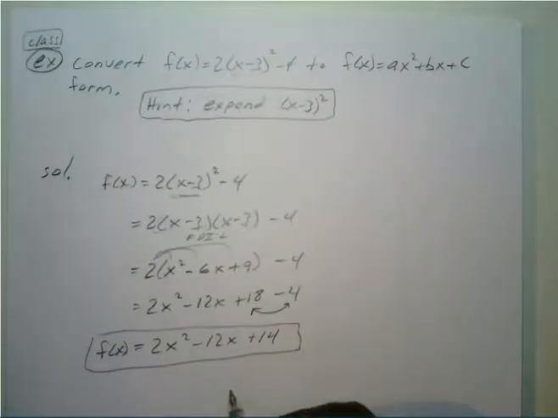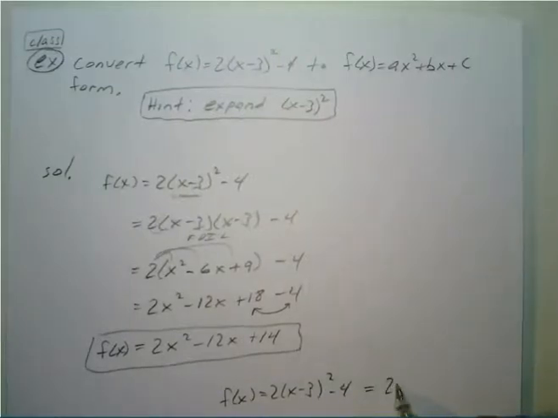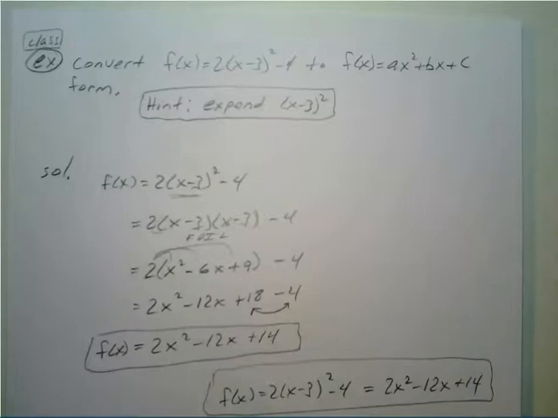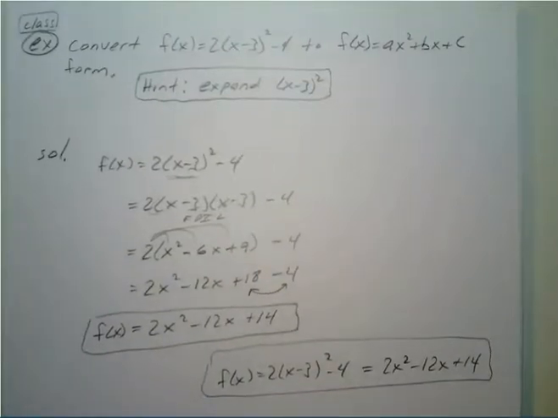So we know that f of x equals 2 times x minus 3 squared minus 4 is also equal to 2x squared minus 12x plus 14. Same expression, just in different forms. If you are still writing, feel free to press pause, but we're going to move on to our next example.